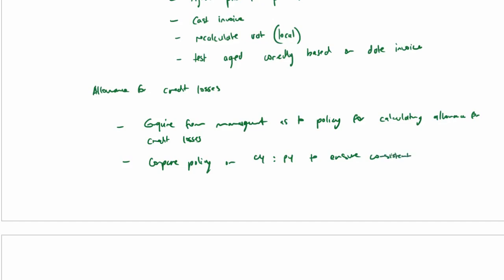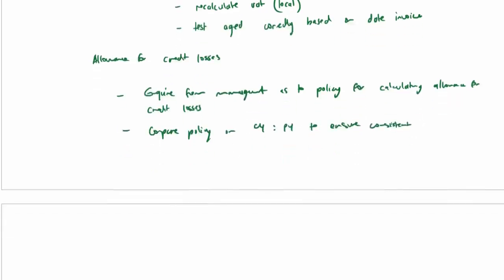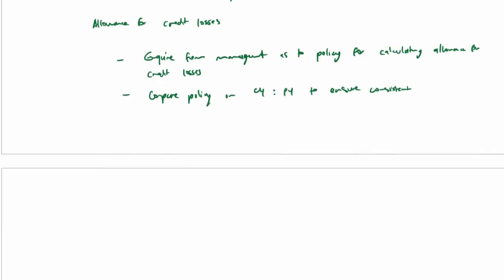Because if it isn't the same, you can't just use the comparison of this year to last year to see if it's reasonable at any point, because it would have changed. So then I need to make sure it's authorized and be aware that there has been a change. They haven't changed, so I want to make sure that it is still the same. Then I need to make sure that it is reasonable. So I'm going to say compare the policy to the market or the industry norm policy to ensure that it is reasonable.